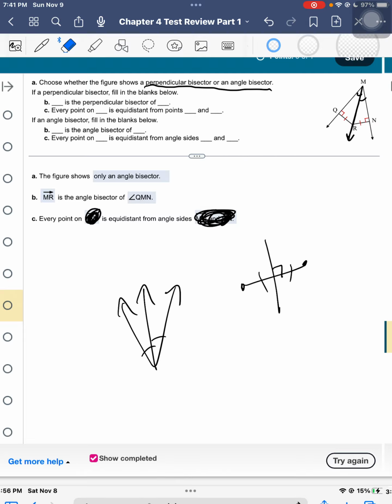Every point that's on the angle bisector is equidistant from the sides of the angle, so this would be QM and MN. So every point on ray MR is equidistant from sides QM and MN.